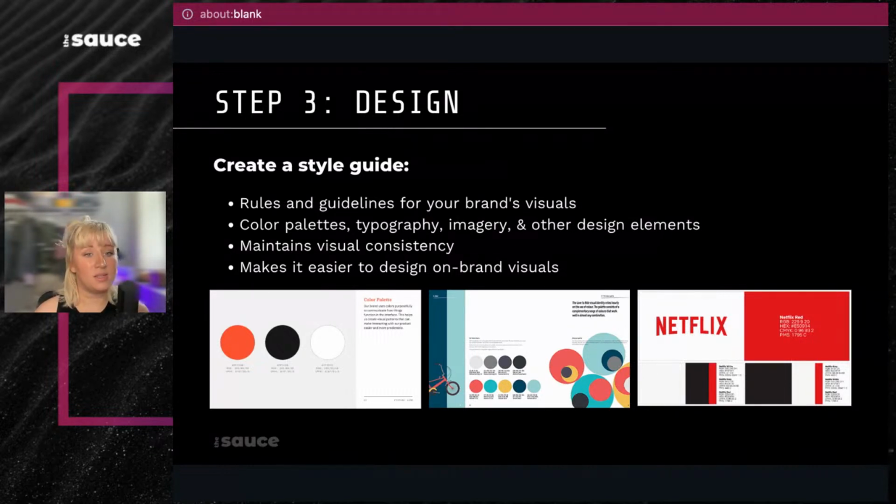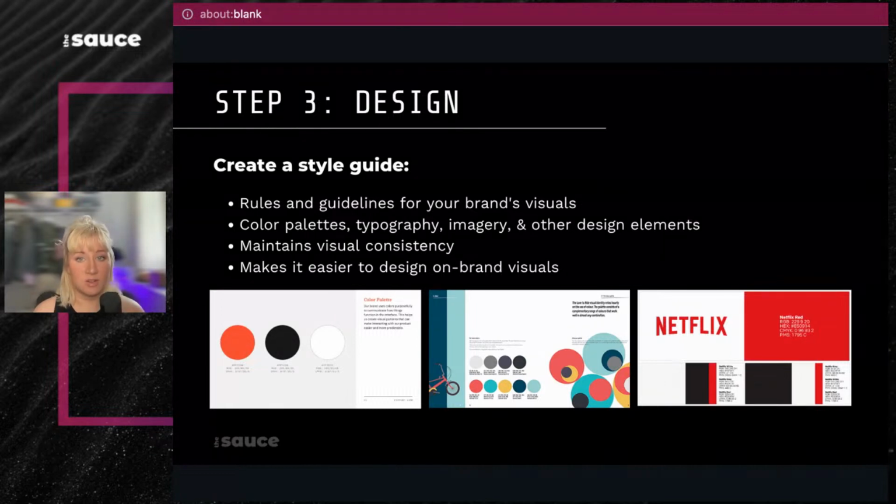It also makes it a lot easier to design on-brand visuals across the board, whether you're doing it yourself, having somebody on your team do it, or hiring a freelancer. The style guide is the rule book, the playbook, for having yourself and anyone else who's touching the visuals of your brand understand what goes into it and what it needs to look like.